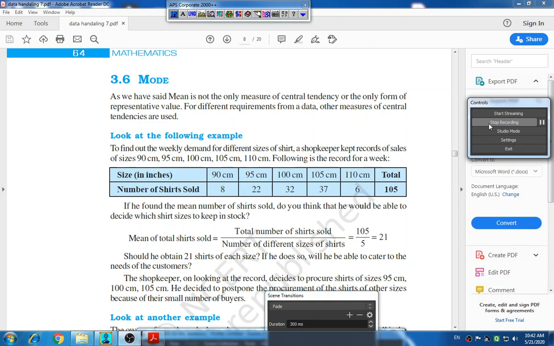From the table we can see that 8 shirts of size 90 cm, 22 shirts of size 95 cm, 32 shirts of size 100 cm, 37 shirts of size 105 cm, and 6 shirts of size 110 cm were sold. That means the total number of shirts sold is 105.